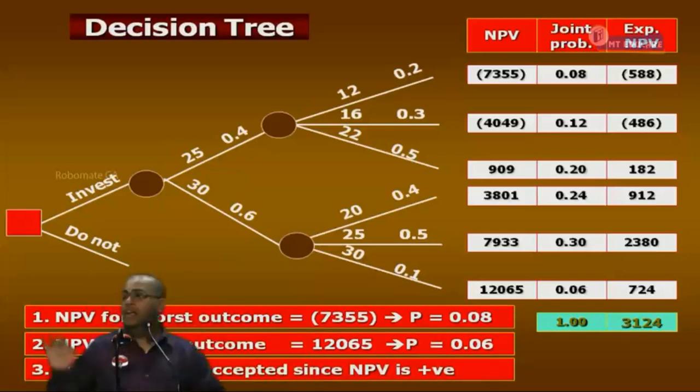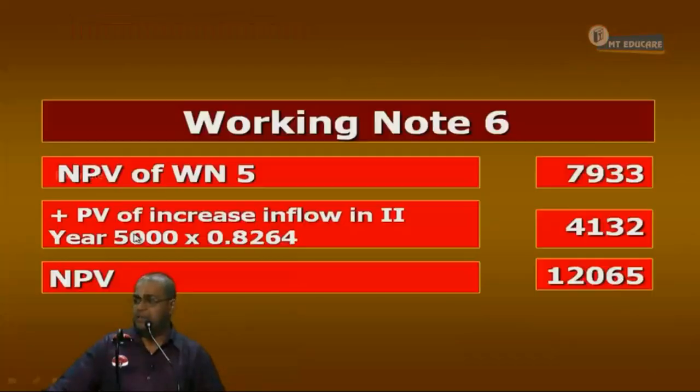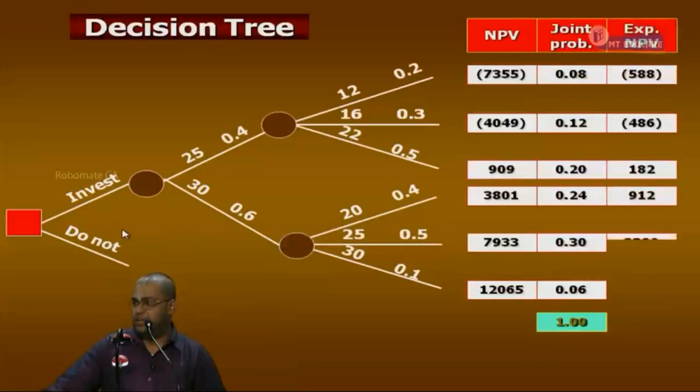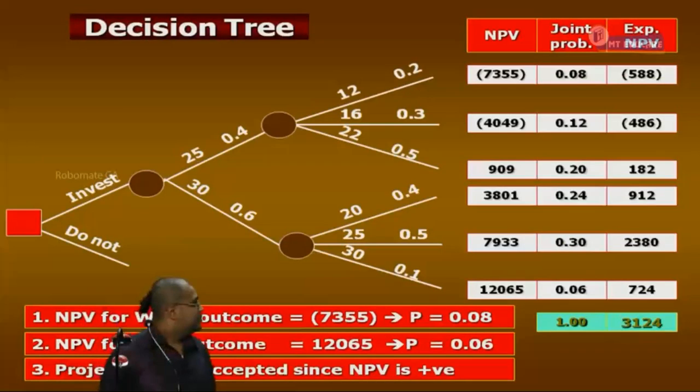Up to working note number 6, have you finished copying or not? You should now copy only the decision tree. Please copy this quickly. Copy the decision tree quickly. Please copy silently and fast.